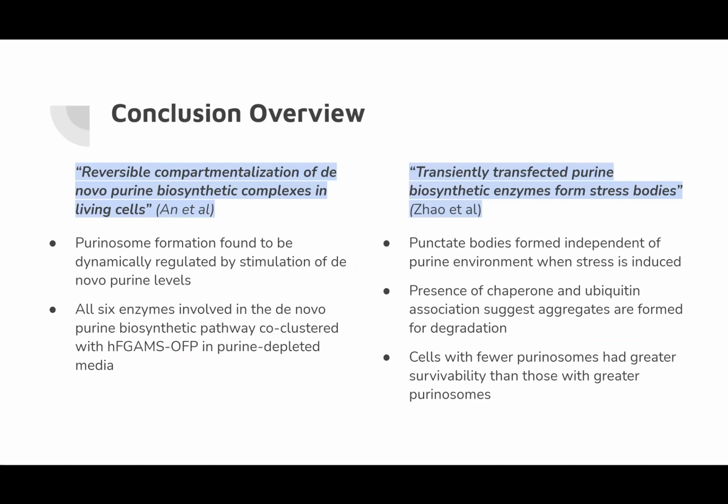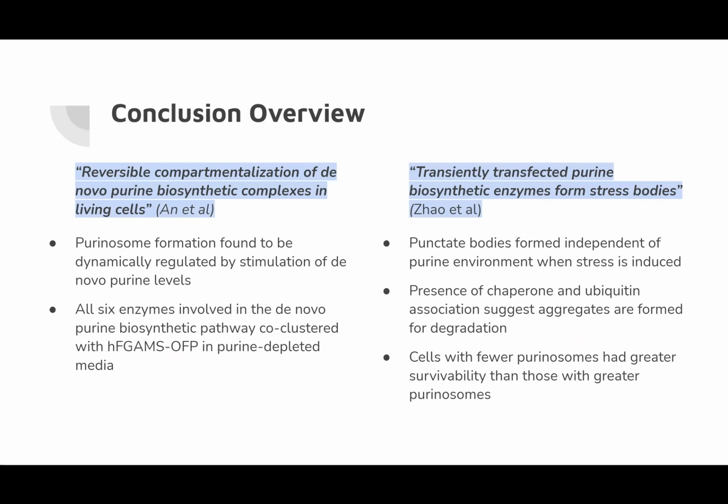So the conclusions of each research article are as follows. The first article concluded that the purinosome formation was regulated by the stimulation of the de novo purine cells, and all 6 enzymes involved in the purine biosynthetic pathway co-clustered with HFGAMs in the purine-depleted media.